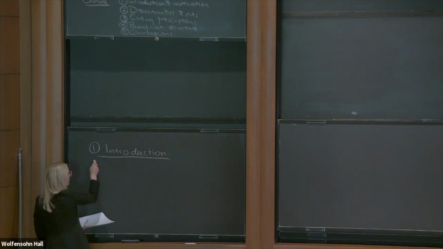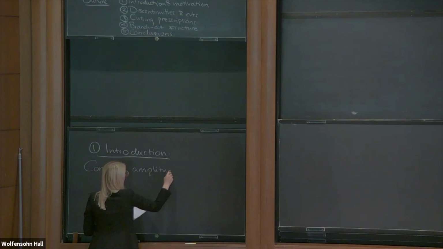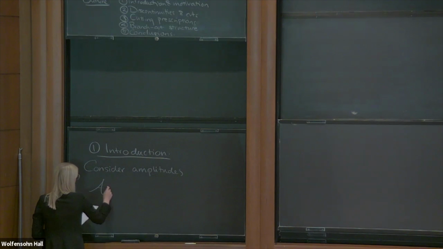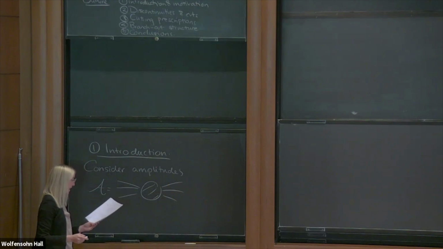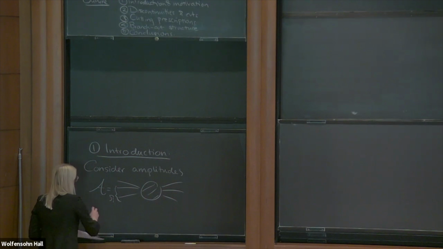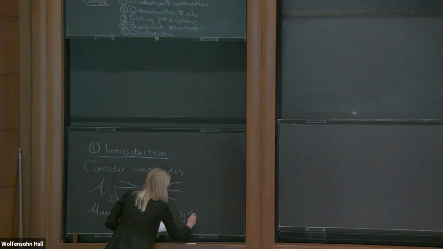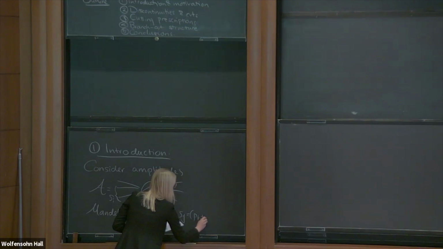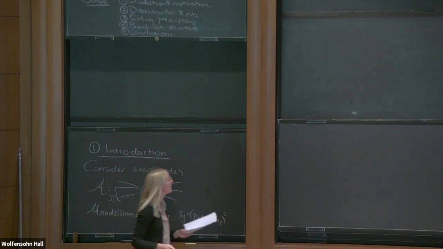So as an introduction, we will consider scattering amplitudes, and I will call them A. So we have some incoming particles, we have something happening, then we have some outgoing particles, and we are going to work with the Mandelstam variables, which will be some sum over the external momenta.